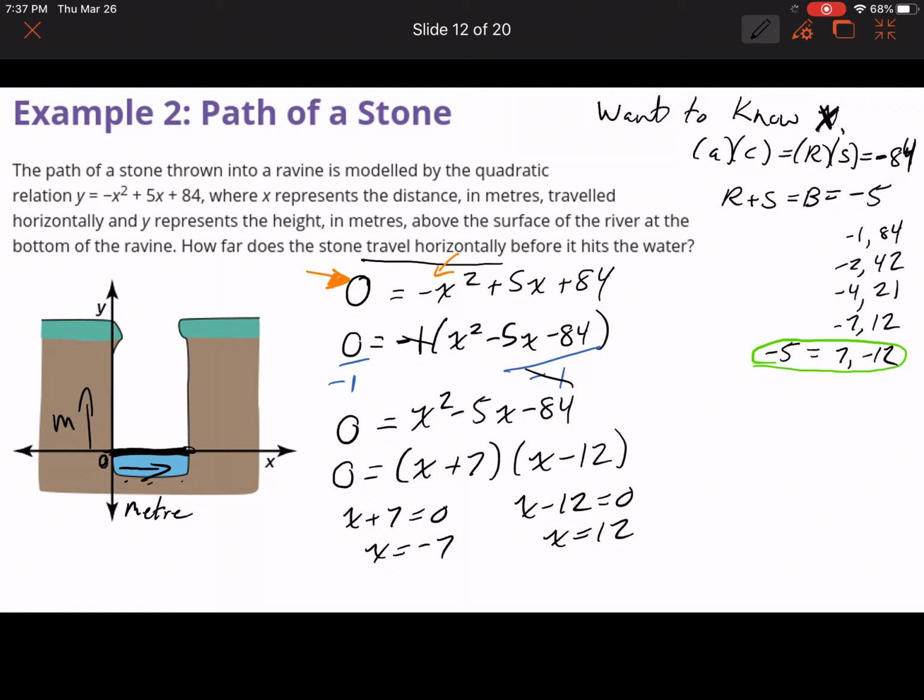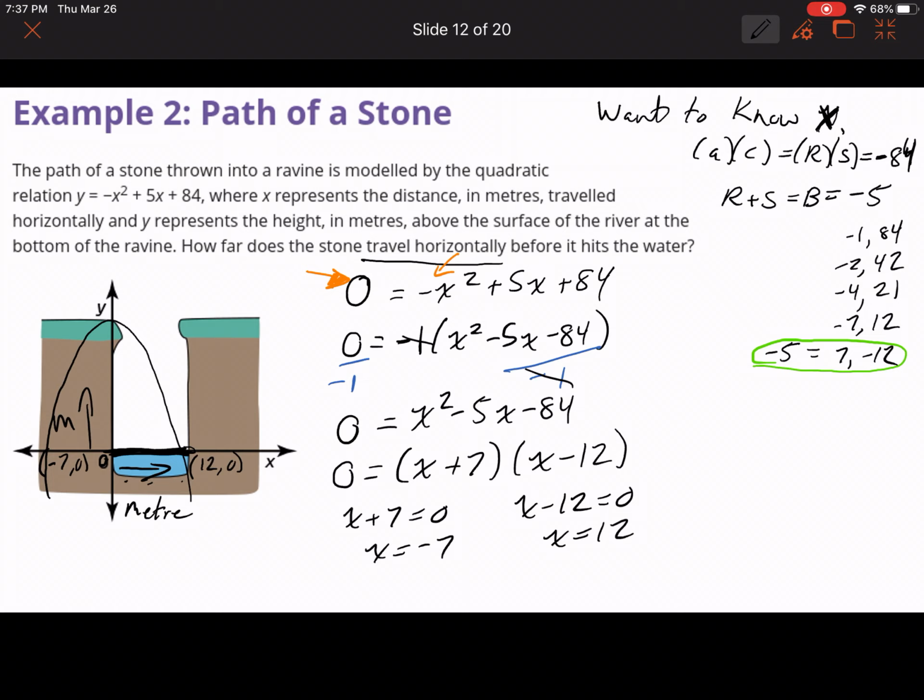Now, those are our two numbers given a parabola like this. So which one makes sense? We've got two numbers, a -7 and a 12. Which one makes sense? Well, we're not going backwards from where we threw it.